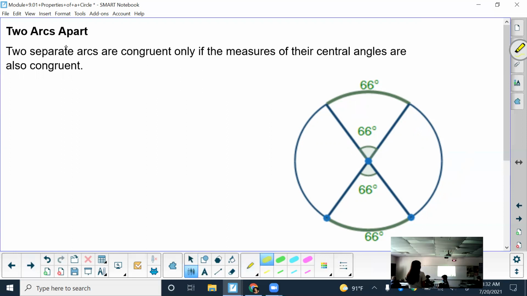Like we said before, if it's a central angle, the arc measure is going to be the same degree. So it makes sense that if I have these two central angles for different arcs the same, then their arc measure should be the same, right? Kind of a given, but just in case.